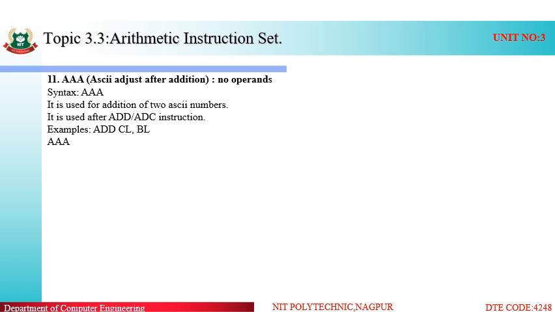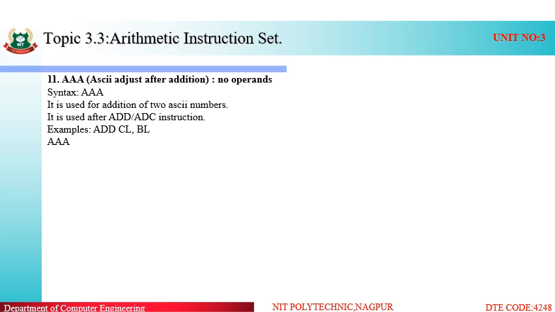As the name implies, ASCII adjust: we have to adjust the ASCII number system after addition. Therefore, we have to always use this instruction after the ADD or ADC instruction, that is AAA.